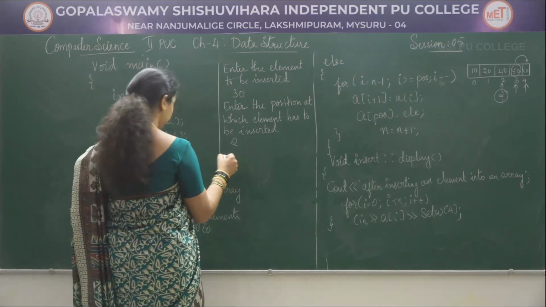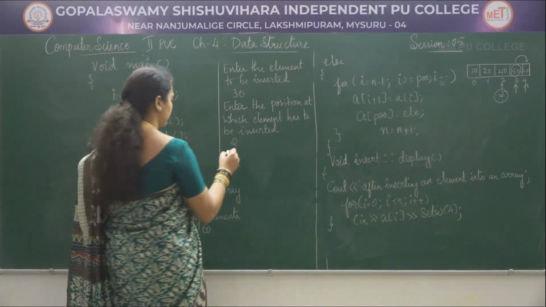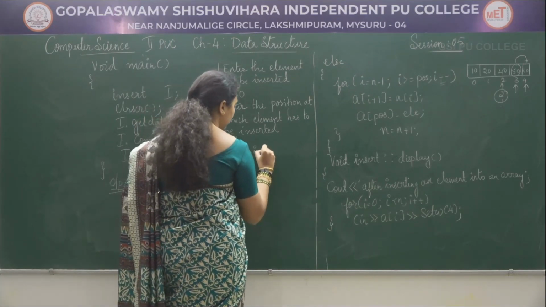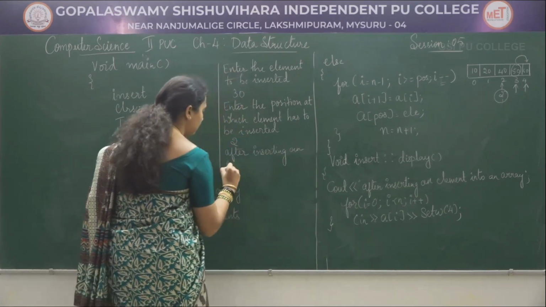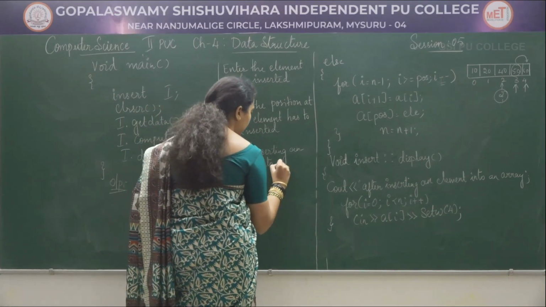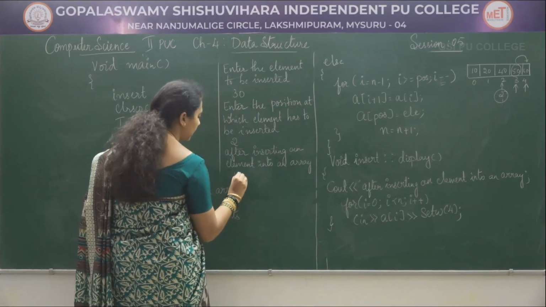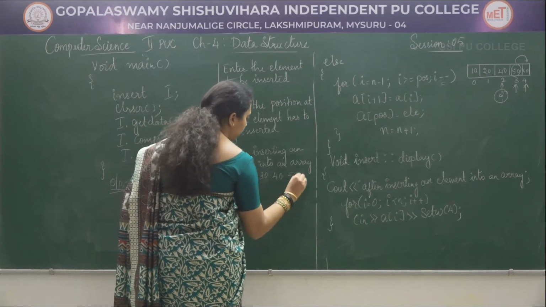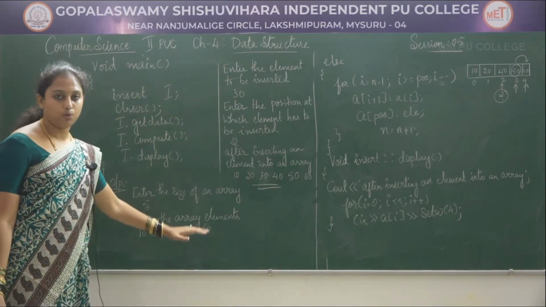So now I am going to display the array after inserting an element into an array. So the array contains 10, 20, 30, 40, 50 and 60. So this is the output for this program.